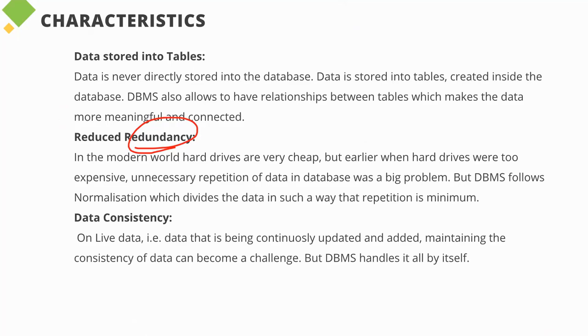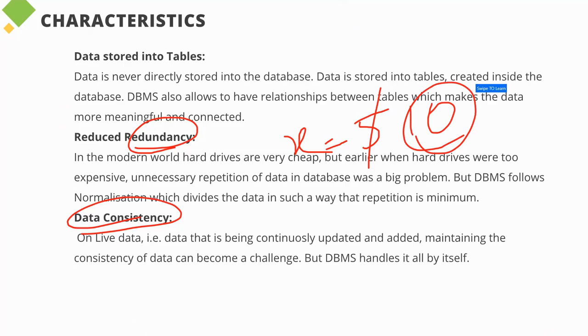And data consistency. Whenever you have live data, say the x value is 5 and I am a team member and I have updated this x value to 10, all my other team members should also know that x is 10, so that they are performing the operation x square plus 5, while I am performing the operation x cube.